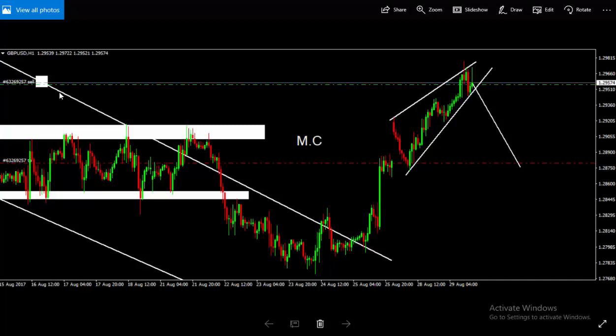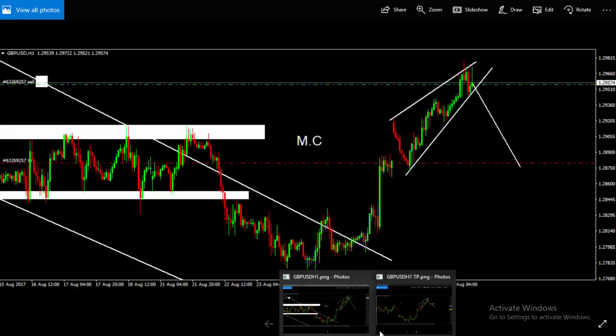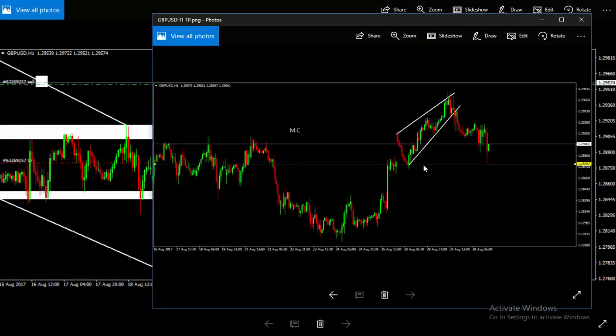Our sell was there, and when we sold it, I'll show you the results of it. What happened? We sold it, and this way we're supposed to hit our take profit. If we go to the other picture there, do you see exactly where we're supposed to get out? So you have to know your exits, and you also have to know your entries.